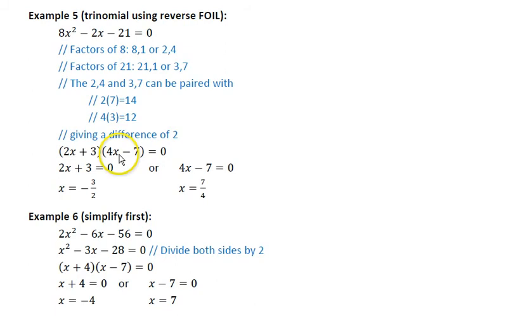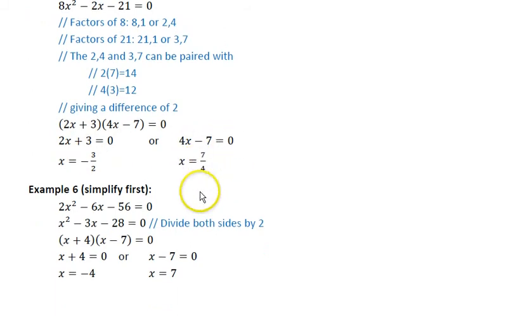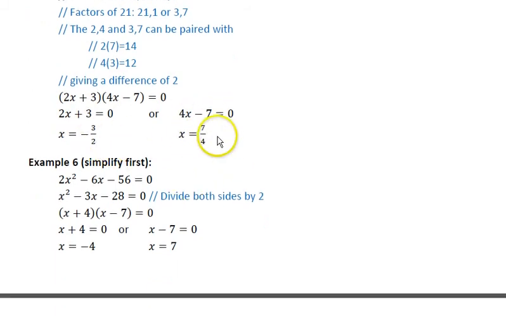Add those together and you get a minus 2x. This works. Breaking those apart, 2x plus 3 equals 0, or 4x minus 7 equals 0. Subtract 3 and divide by 2. Add 7 and divide by 4. We get our two answers, negative 3 halves and 7 fourths.